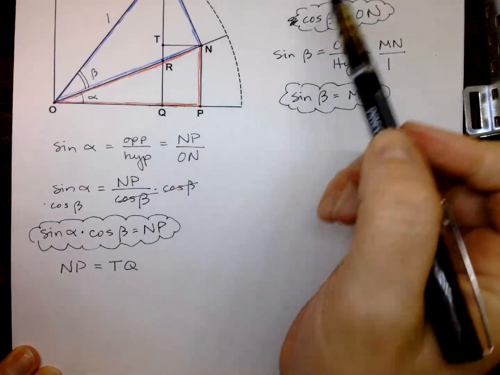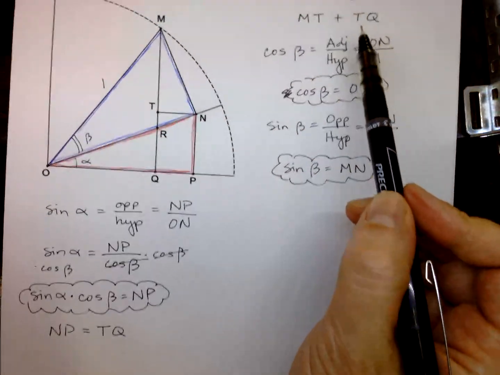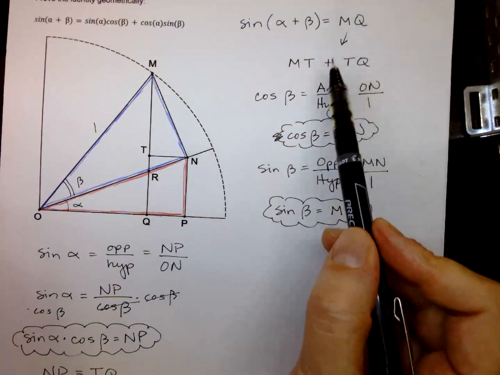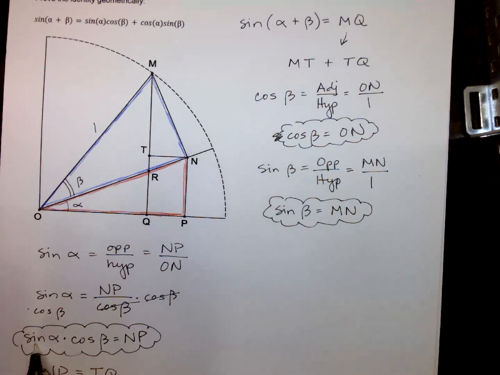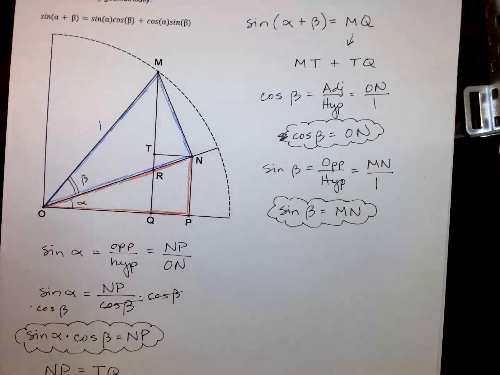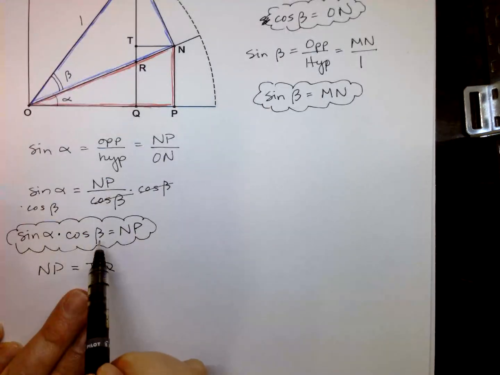So look back up here. We're getting there. Remember that part of my formula that I want to prove is TQ. And we just figured out that TQ is the same thing as the sine of alpha times the cosine of beta.